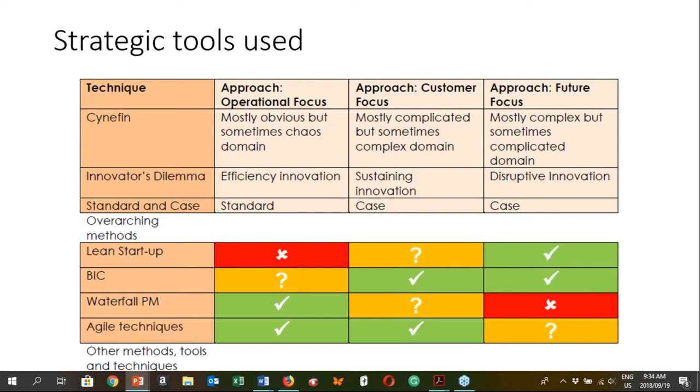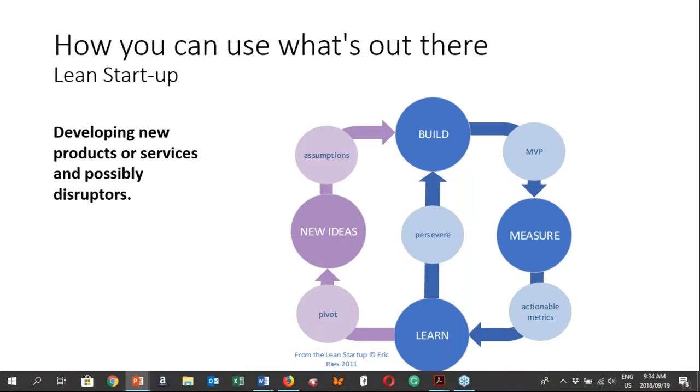And then underneath that, we've zoomed in and said, you know, for each one of these approaches, here are some tools, tips, and techniques that you can go and use to actually come up with a strategy for new products and services. So what I'm going to do is I'm going to quickly just run through at a very high level some of the important ones. The first important one for me is a Lean Startup.